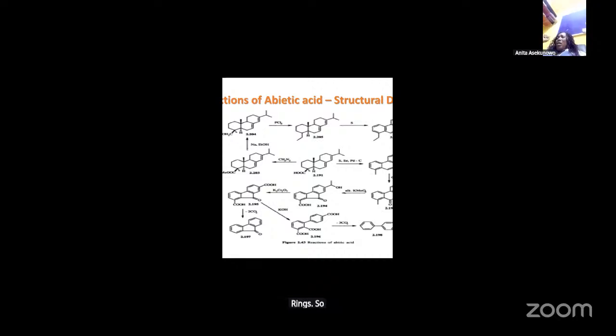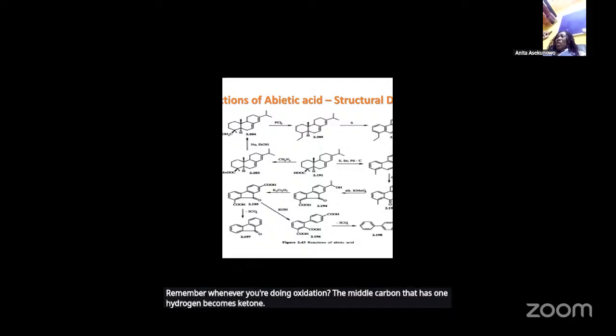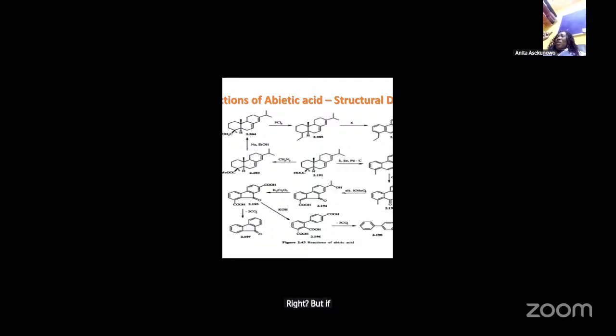Under chromic acid, I'm going to oxidize this ring. The oxidation of this ring makes it possible for the double bond at the second ring to break and form a ketone. Remember, whenever you're doing oxidation, the middle carbon that has one hydrogen becomes a ketone, but if it's a terminal carbon with one hydrogen, it becomes an aldehyde. So that's why we're having a ketone.